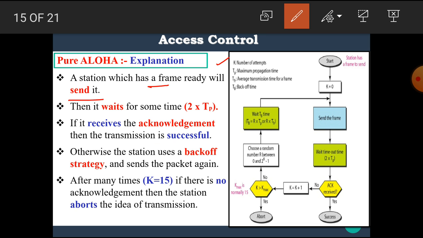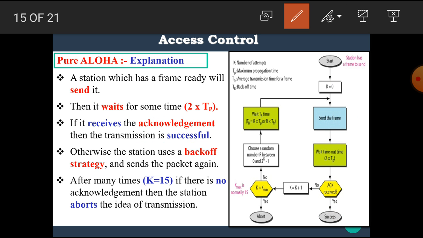For k equal to 0, that means attempt 0, it waits for some time 2 times TP. Then after this time, if it receives the acknowledgement, the transmission is successful. That means it waits for acknowledgement, and if it receives it, the transmission is successful.